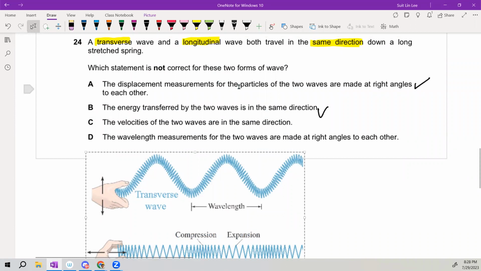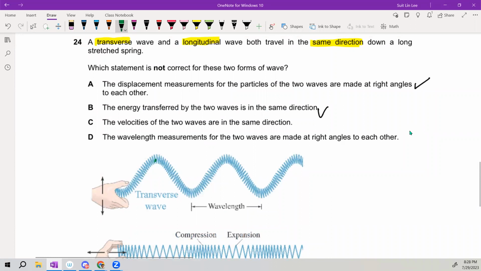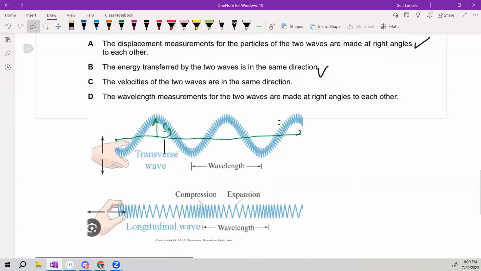Displacement measurements for the particles are made at right angles to each other. For this case, my particle moves up and down, and this is my equilibrium position, so this is the displacement of the transverse wave. Here to here is sy. Then if I want to measure the displacement for this wave, it is a little hard to visualize because it moves like this.